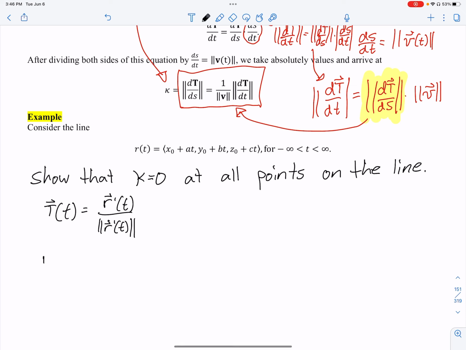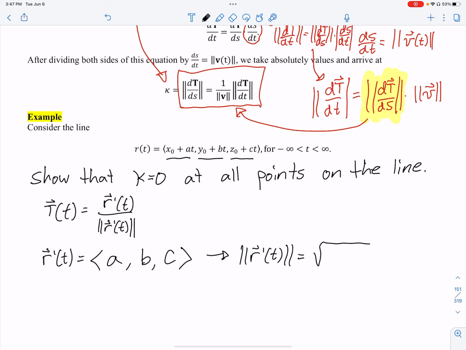We'll do it down below. R prime of t is just our derivatives in each one. Derivative of that, a is just a constant, x naught is just a constant, so the derivative here would just be a. The derivative of the second thing follows the same type of logic. The derivative of that gives me b, and then derivative of the third thing gets me c, and I get a vector of just a, b, c. Notice that everything in that vector is constant. I need to find its magnitude as well.